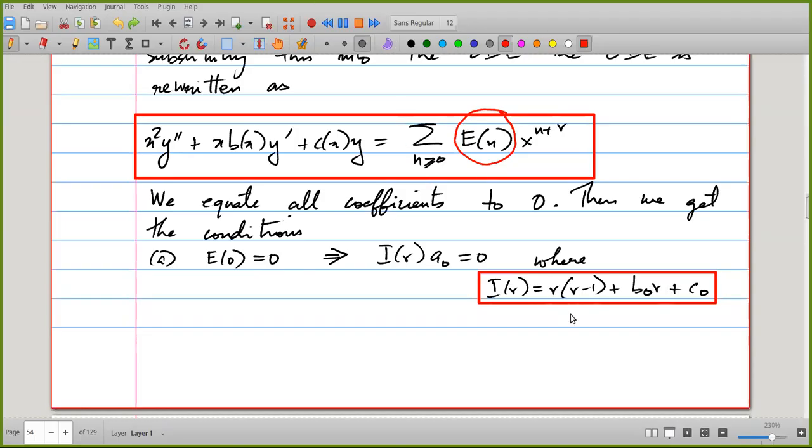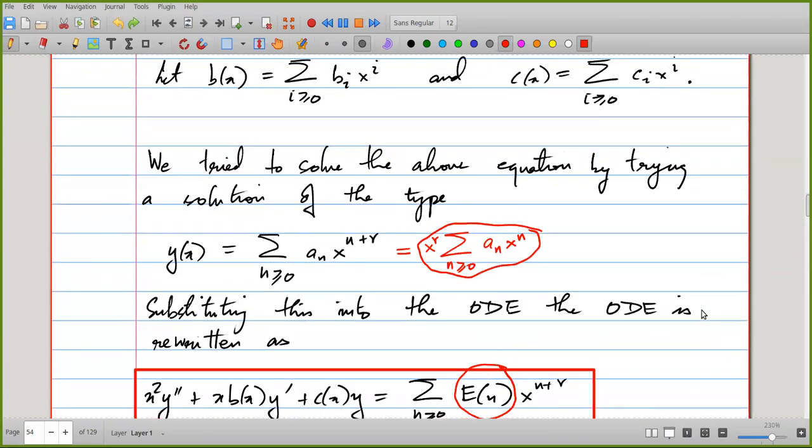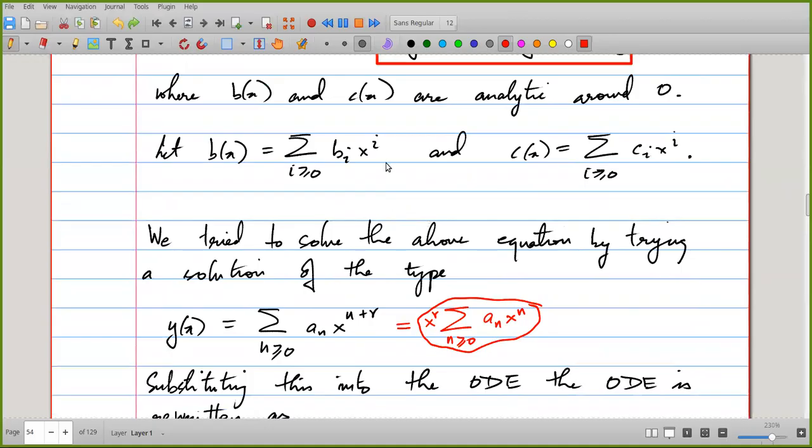So you don't want to be deriving this complicated expression and the indicial equation in a 1-hour quiz. So you just remember this. It's not difficult to remember. I(r) is r(r minus 1) plus b_0 r plus c_0. Here b_0 is the b_0 coming from the power series b, and c_0 is the c_0 coming from the power series c.